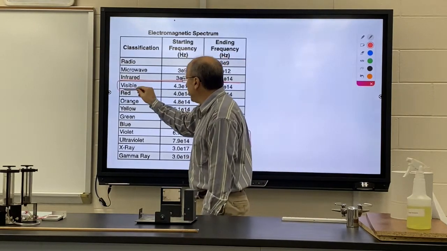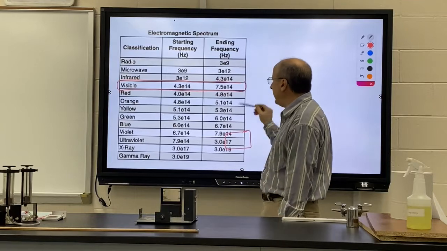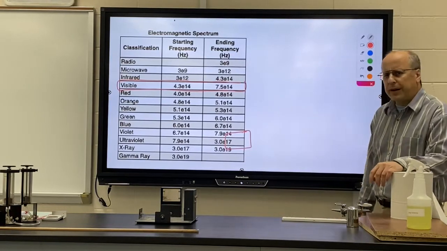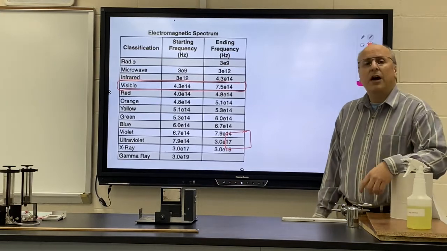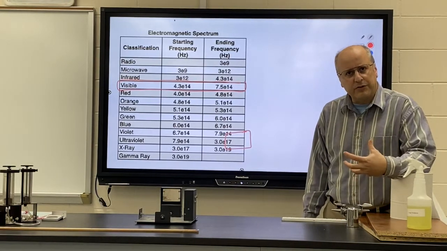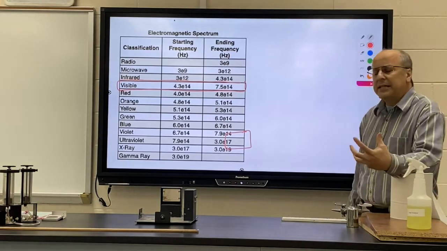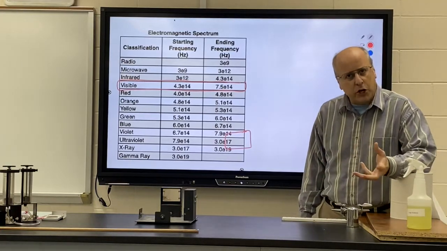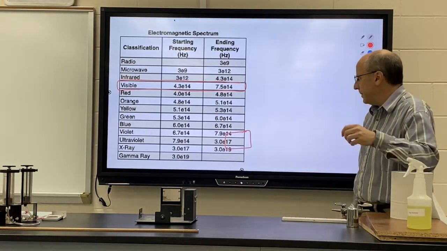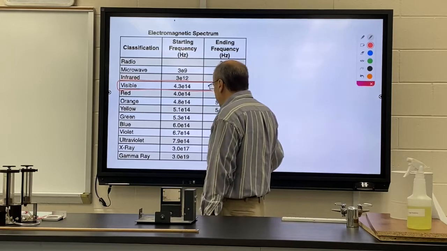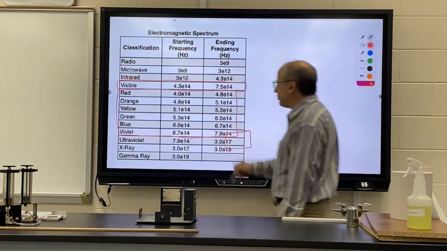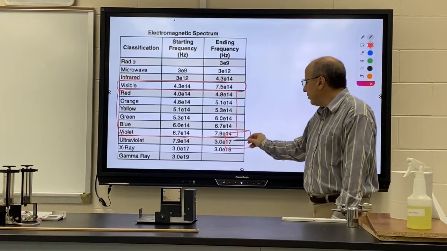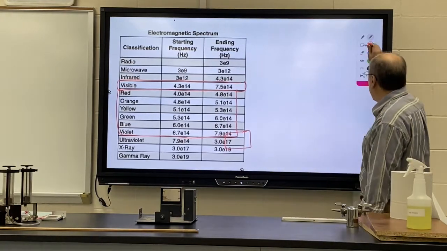The visible range is very narrow, from about 4.3 to 7.5 times 10^14, so about 430 trillion to about 750 trillion hertz, cycles per second.